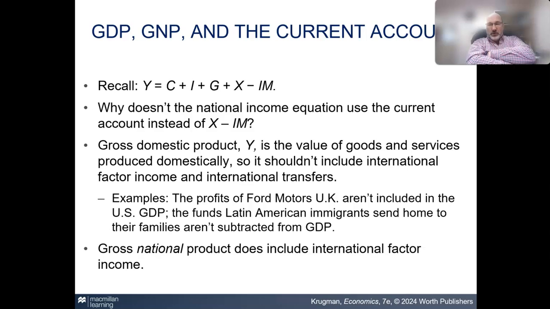The equipment, we have to assume that Ford purchased the equipment because they are a private company, not a government company. So that means that the capital is actually all US.